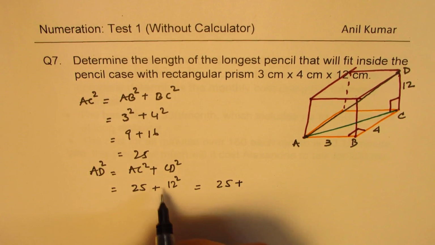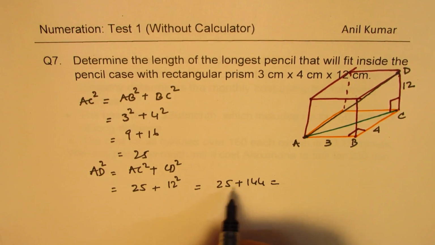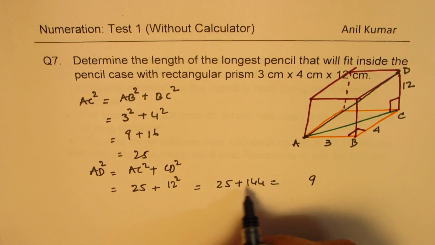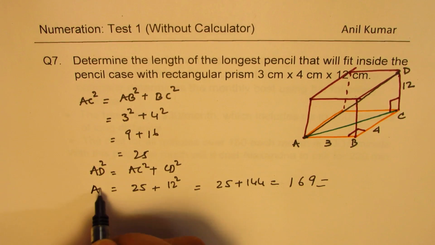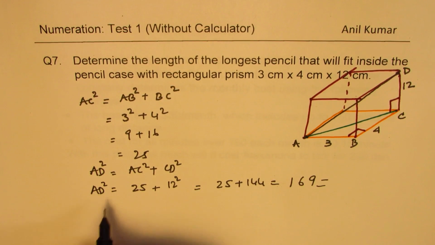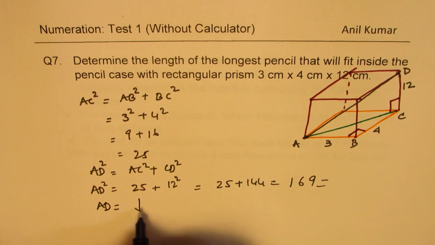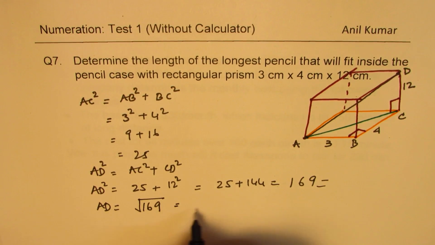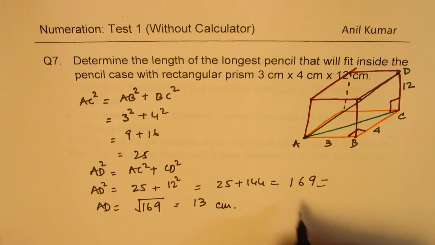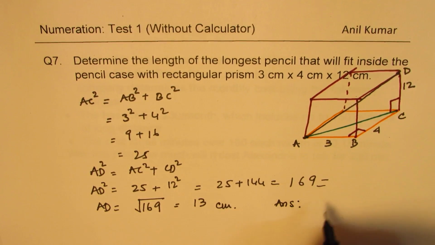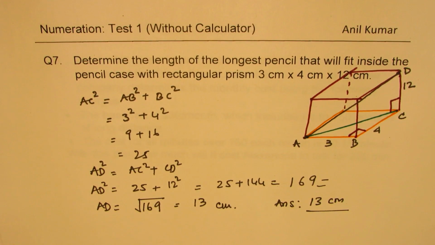We have 25 plus 144, and that gives you 169, right? So 169 is AD square. So what is AD equals to? So AD is square root of 169, which is 13, correct? Since the units are in centimeters, it will be centimeter. So our answer here is 13 centimeters, correct? So that is how you can find the solution. I hope it makes sense.